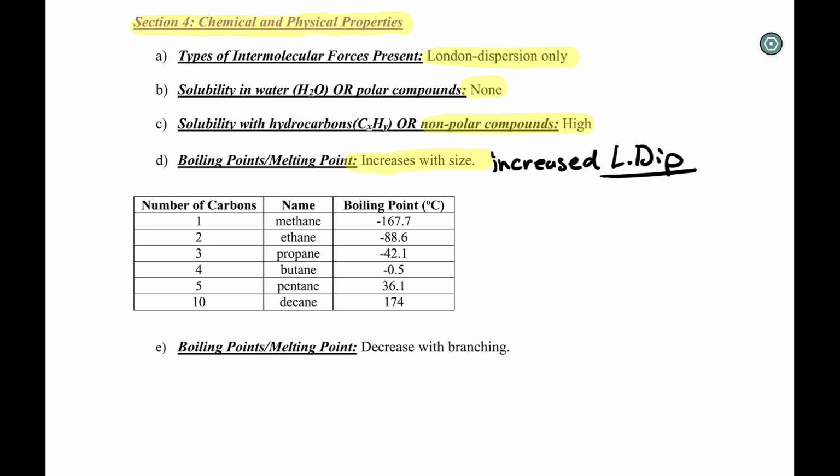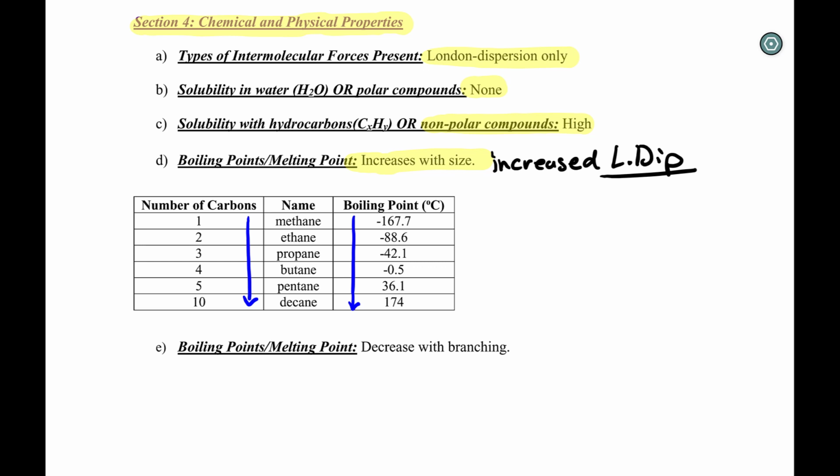So just have a quick look at this chart. As you see, as the number of carbons increases, the value of the boiling point increases as well. I did a little jump here from 5 to 10 just to show how massive a difference it is to go from 1 carbon methane to 10 carbons decane. It's a difference of over 300 degrees Celsius in terms of boiling point.